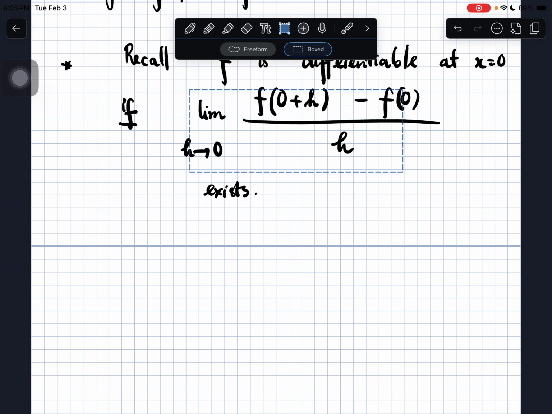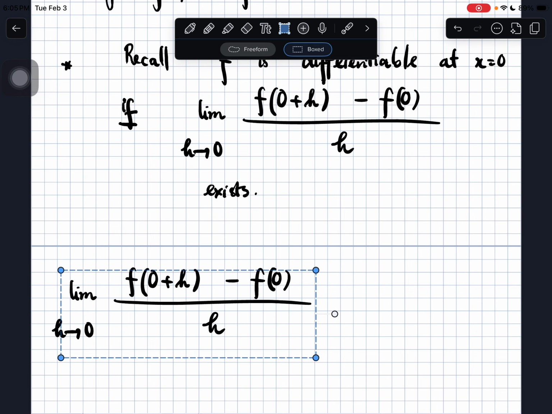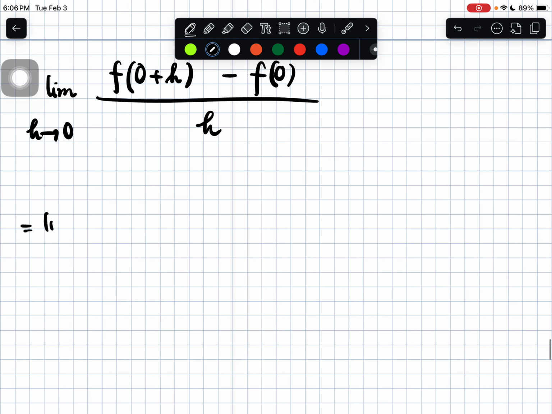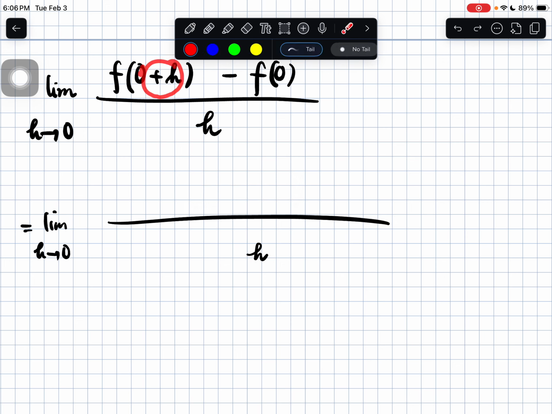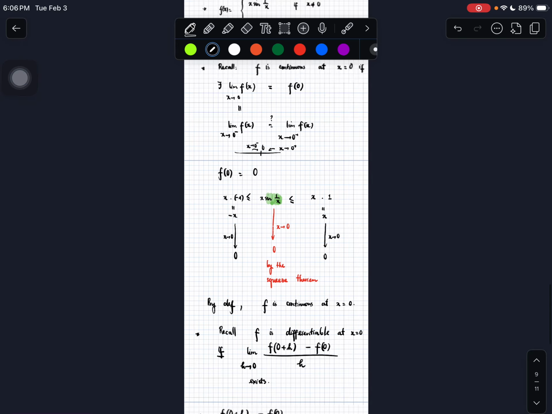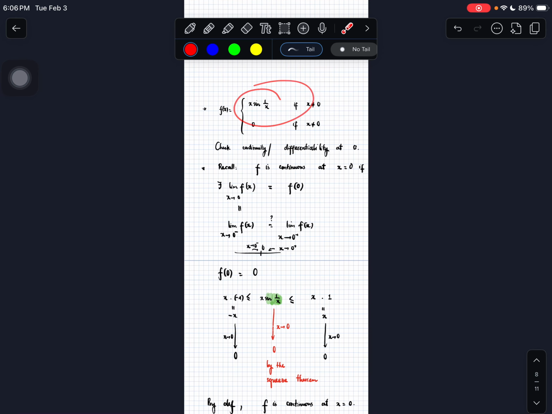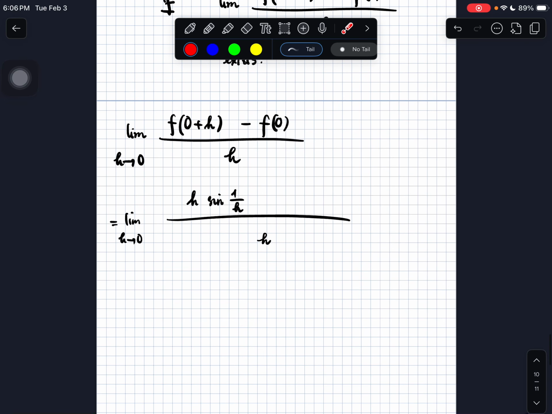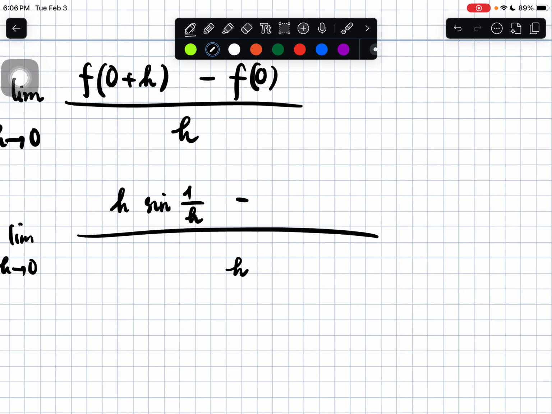So the limit of this, by definition of the function f, as h tends to 0. Up there we have x. In our case, x is just 0 plus h. We have h sine 1 divided by h. That's the definition of the function f. Minus f of 0, which is 0.